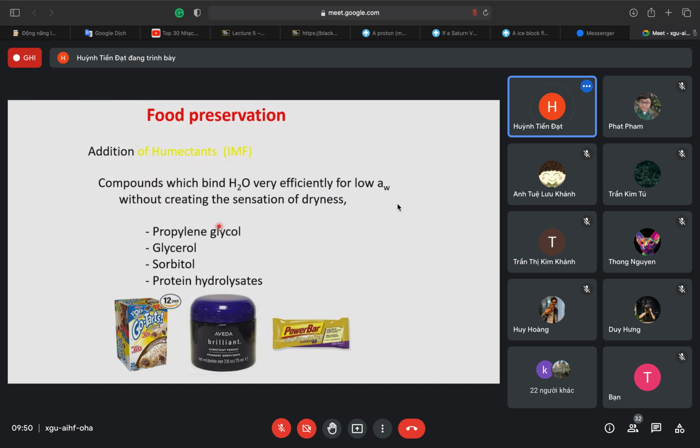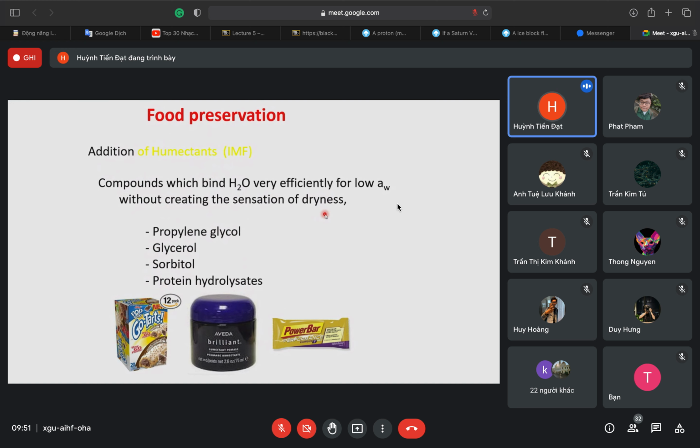So we can make certain foods using propylene glycol or glycerol or sorbitol, protein hydrolysate, without creating the sensation of dryness. This means that when you bite the cake, you feel okay, even with low water activity, because you are not losing mouthfeel; it is not very dry.